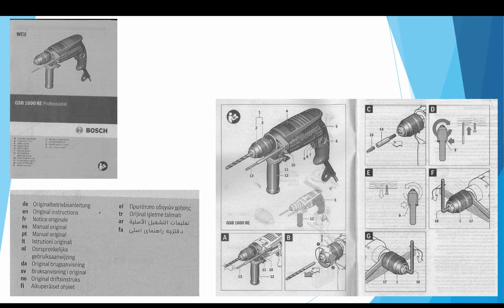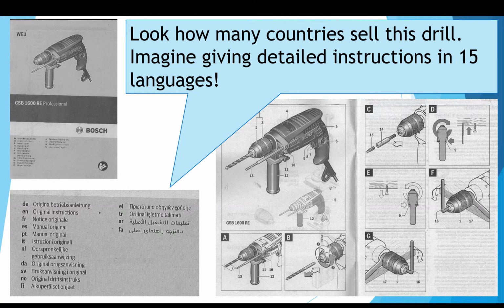Now here is an example. Look how many countries sell this drill. 1, 2, 3, 4, 5, 6, 7, 8, 9, 10, 11, 12, 13, 14. I count 15. So that's 15 different countries where this drill is sold. Imagine if you had to do the entire instruction manual in 15 languages. You'd have a fat book.